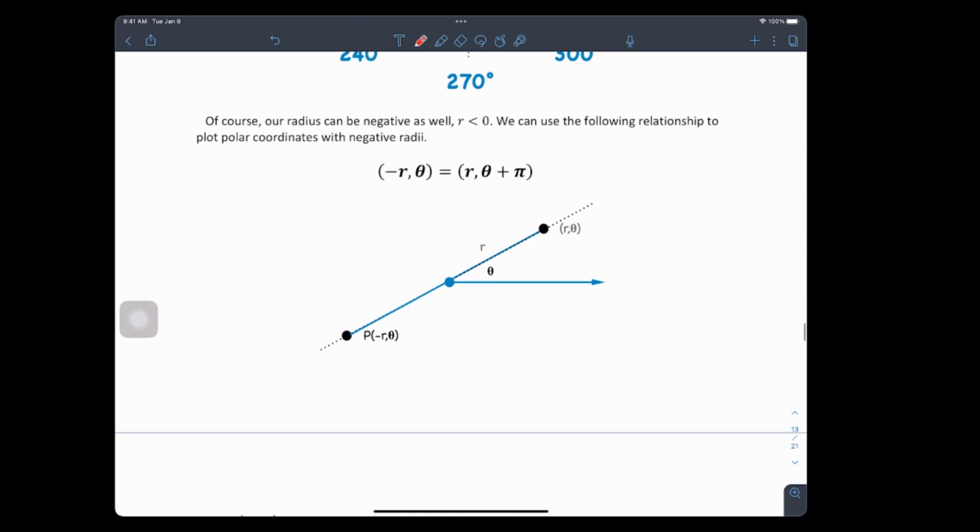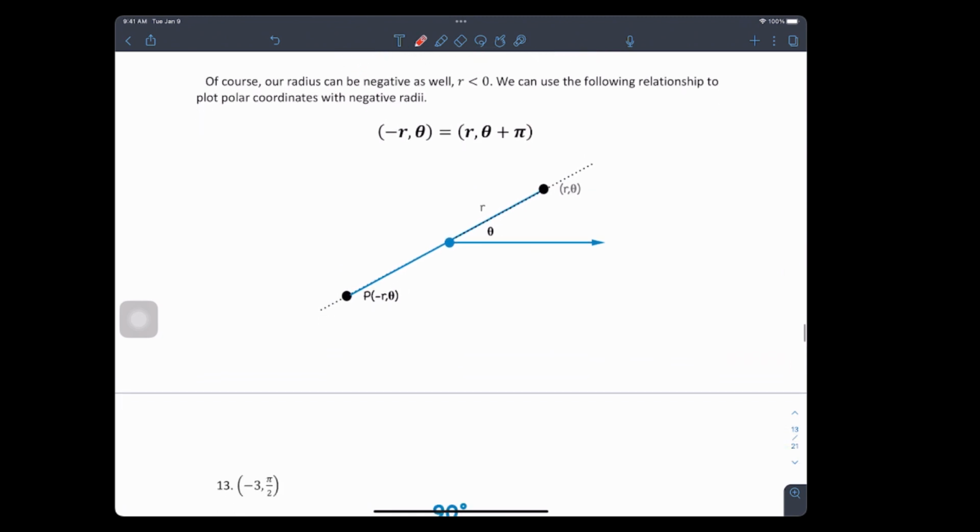Another thing we want to be aware of now, I'm going to start to transition, is what happens when you have a negative radius. So we want to consider a negative radius now. So you're saying a negative radius. Yes. Of course, our radius can be negative.